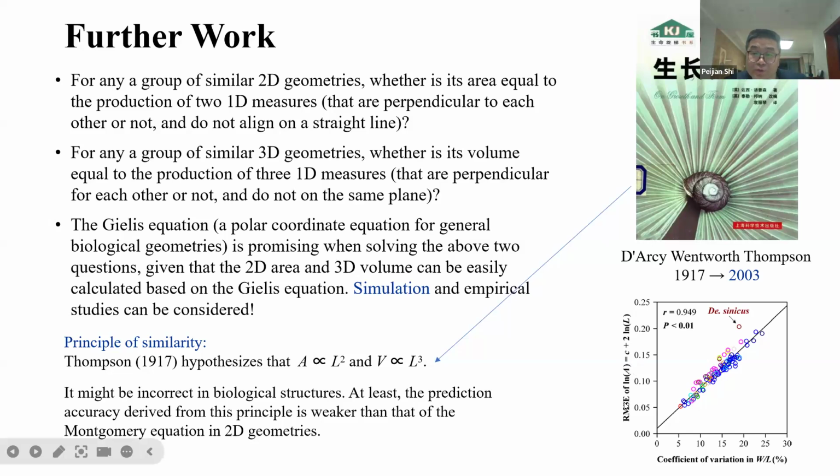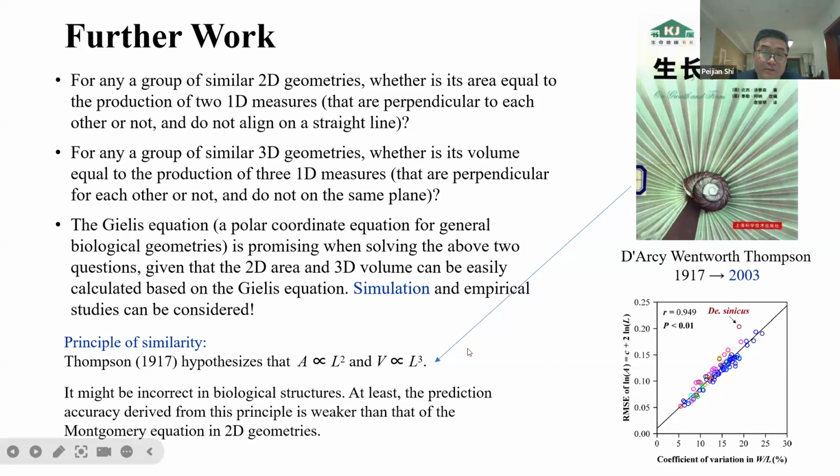The goodness of fit uses root mean square error. If its value is small, it indicates a good fit. If its value is large, it illustrates that a large prediction error occurs. Here, X is the coefficient of variation of the ratio of leaf width to leaf length. We can say if leaf width is proportional to leaf length, no problem. Thompson's principle of similarity holds true.